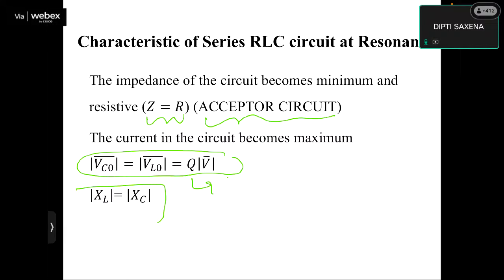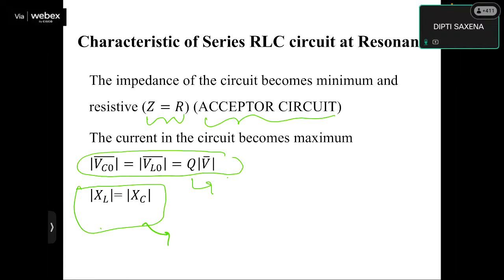And of course this is the resonance condition, that is, XL should be XC at resonance, because we have defined resonance as the steady state response when both the source and the response are in time phase with each other. That is, both the voltage, which is the source, and the current, which is the response, are in time phase. That is, the circuit has to behave like a resistive circuit.